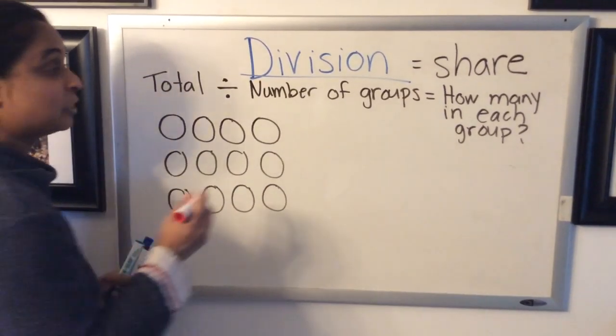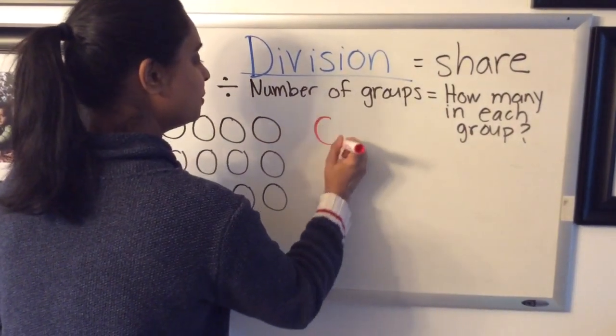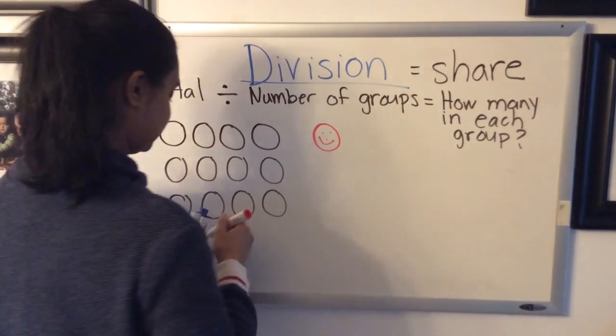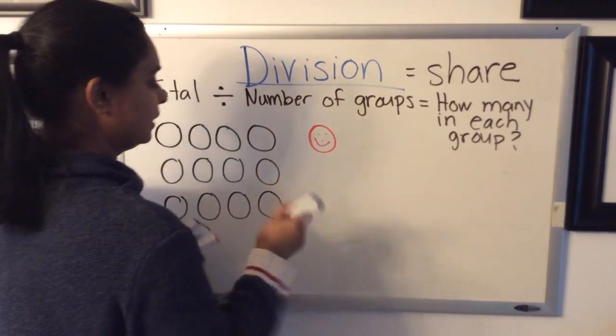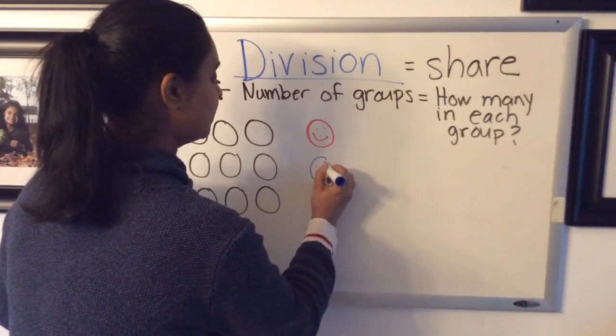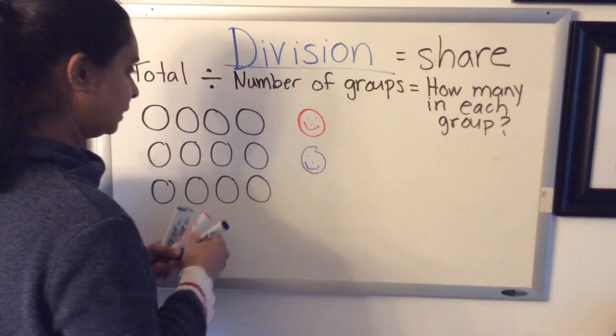So I'm going to use different colors for each person. So this person is going to be red. We're going to represent that person with red. Then this person's going to be represented with blue.